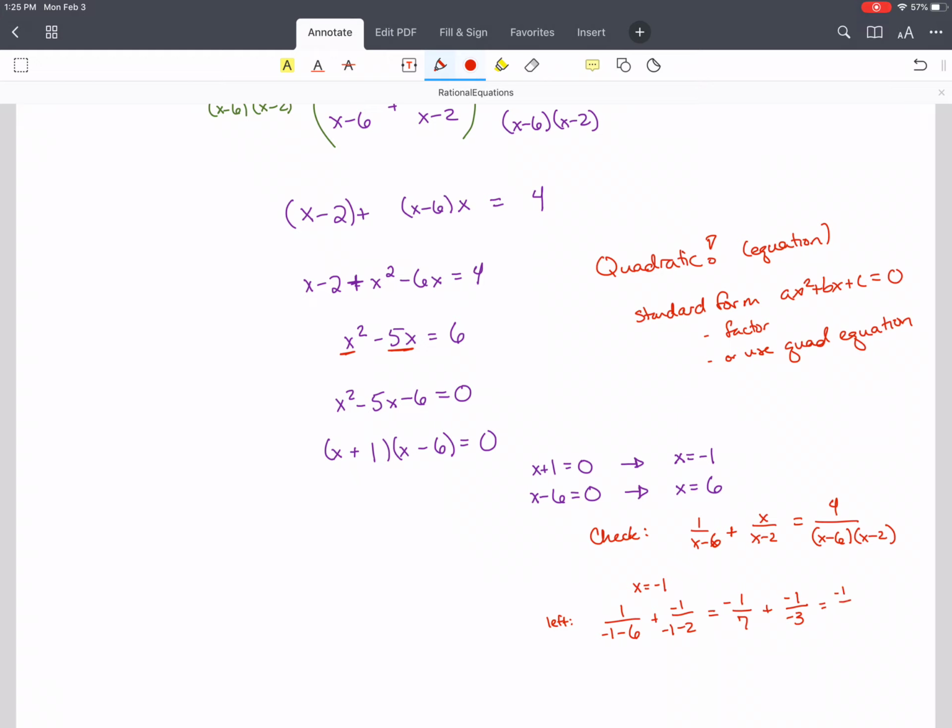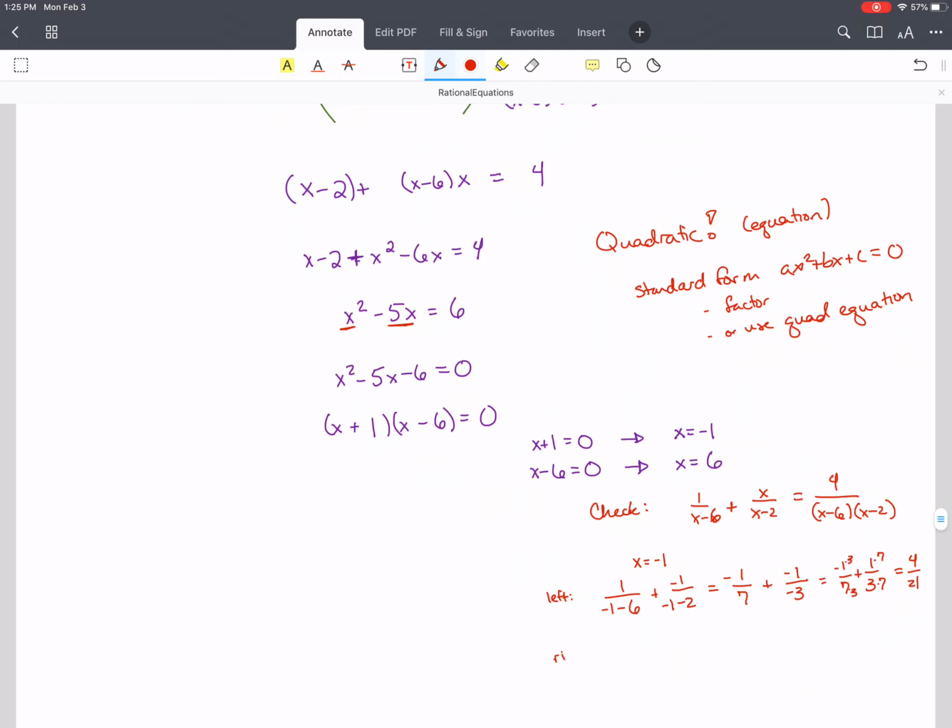So -1/7 plus 1/3. My common denominator there is 21. So I get 7 minus 3, or 4, over 21.